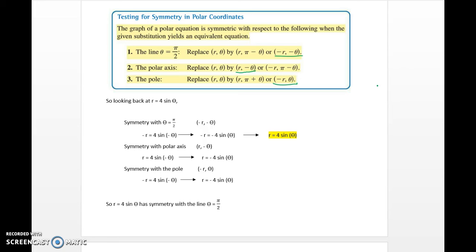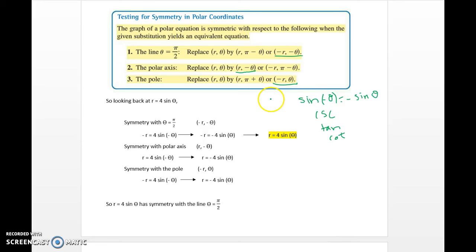Sine, tangent, cotangent and cosecant are all odd functions. So sine of negative theta will equal negative sine of theta. And this is true for sine, for cosecant, for tangent, and for cotangent.